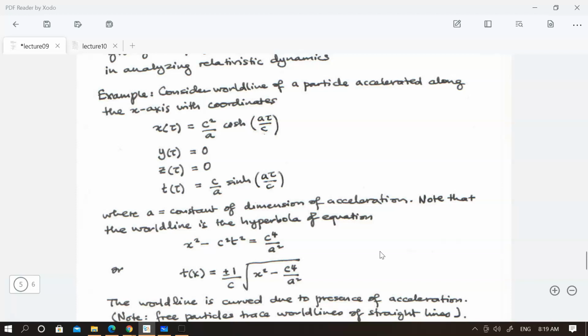Okay, and for simplicity, we have set this to be 0 for y and z, so it's just moving along the x direction. If you look at what this world line is going to be, it's going to be this particular hyperbola.